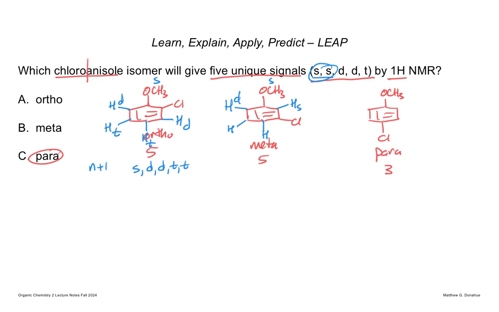This has 2 neighbors, so that's a triplet. This has 1 neighbor, so that's a doublet. We get singlet, singlet, doublet, doublet, triplet. So our answer for this chloroanisole is going to be the meta. It's going to fit the data for that prompt.